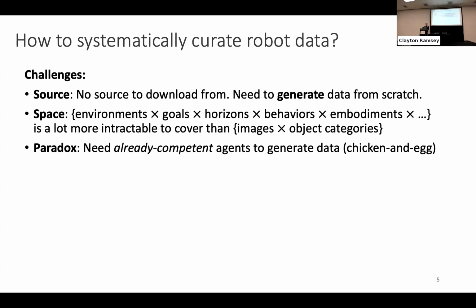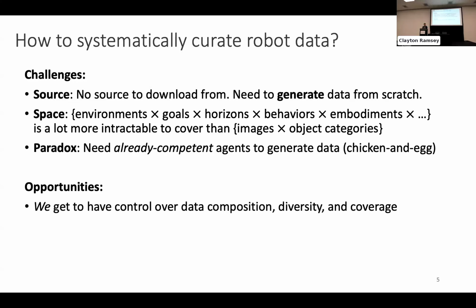And there's a paradox: the most important thing is to generate truly rich and diverse data, but we often need an already competent agent to begin with. This is essentially a chicken-and-egg problem, and it's really the crux of the talk.